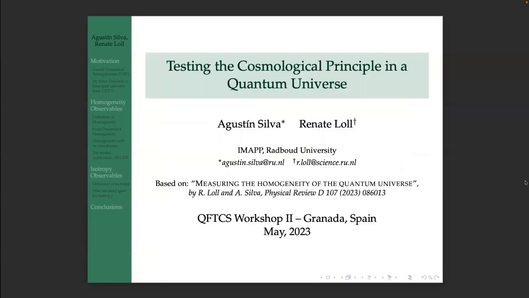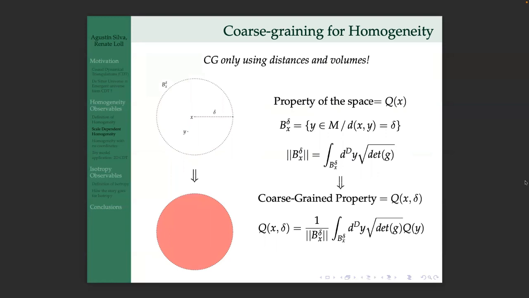So, introducing some notation, we will first pick a property, as I said, called Q. At a point X and at a distance scale delta, we define a geodesic ball as B of X and delta, and its volume. This is just a continuum notation, but this is also well defined in these quantum geometries.